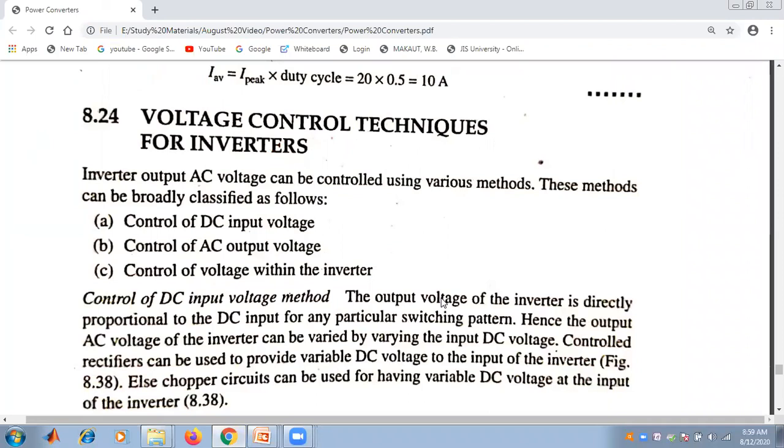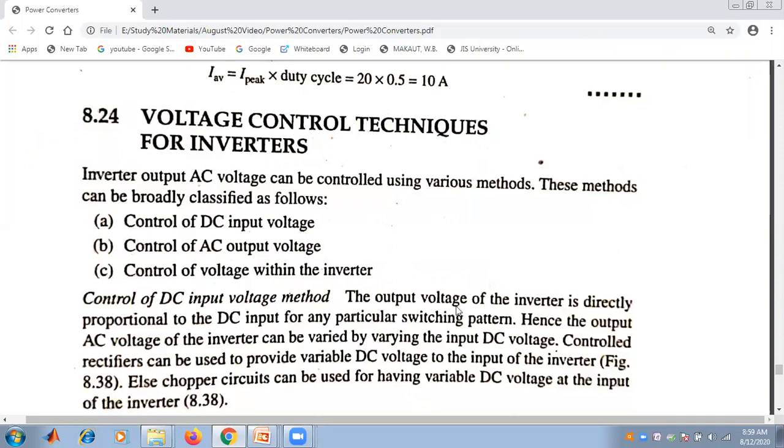So, we start with voltage control techniques for inverters. Inverter output, that is AC voltage, can be controlled using various methods.